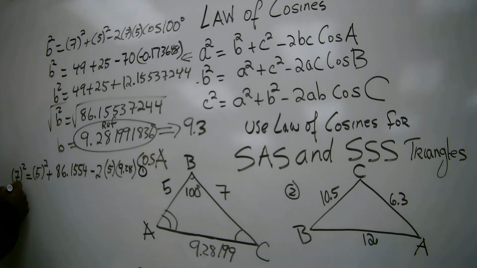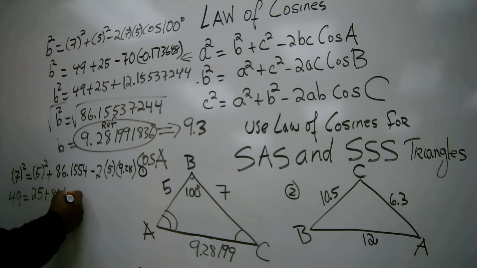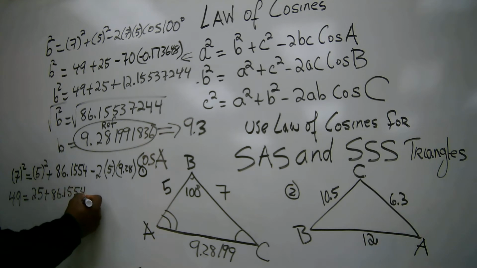So this will give me 49 is equal to 5 squared is 25, that was B squared. I'm going to insert this 86.1554, and I'm going to multiply those. Right?